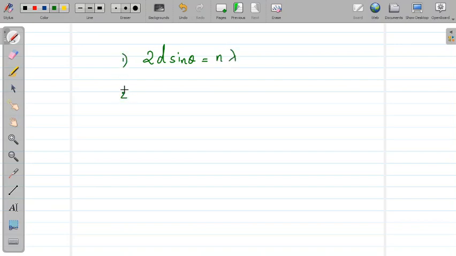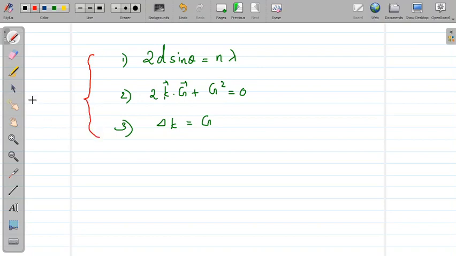Then we modified this equation to get 2 into k bar dot g bar plus mod g square, or simply g square, equal to 0. And third, delta k equal to g. So these 3 equations correspond to the satisfaction of Bragg's condition, the condition for constructive interference, and all these 3 equations are Bragg's law.